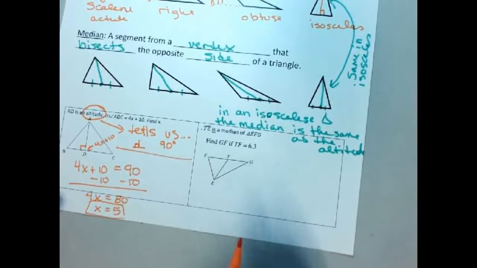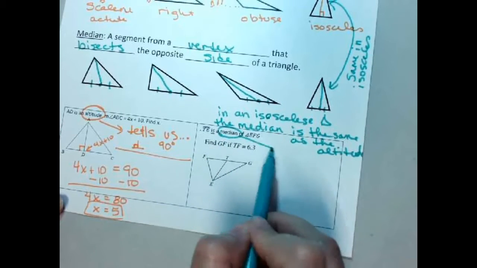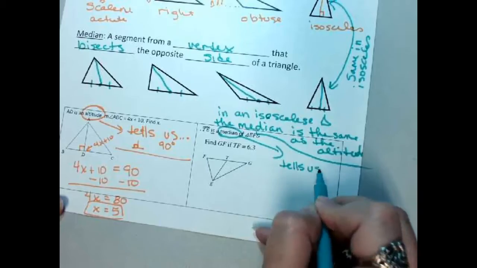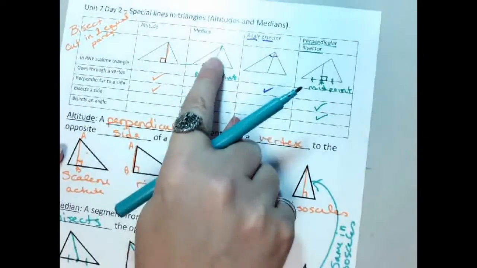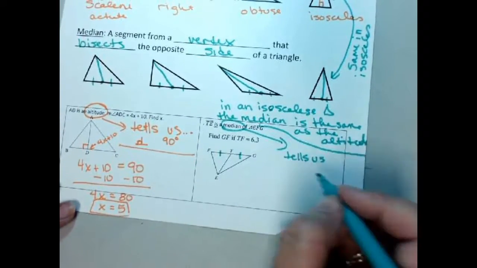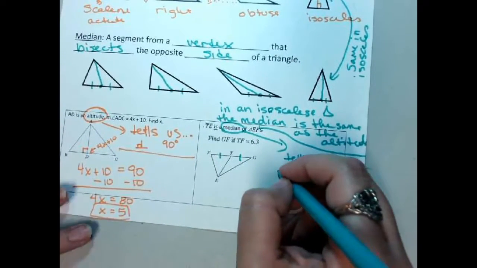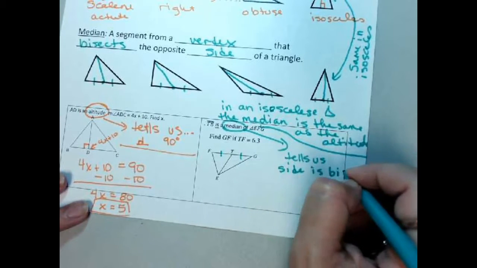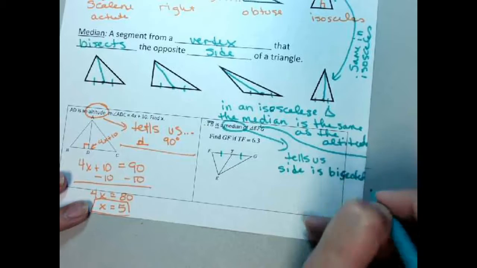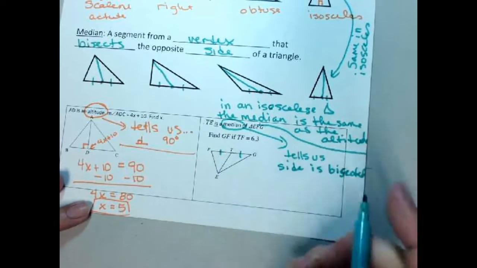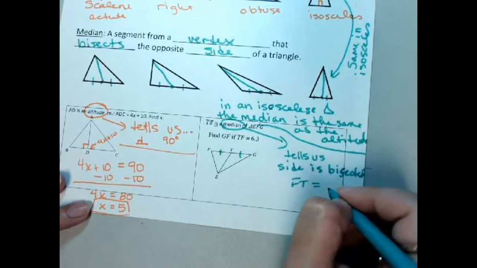This next one, it tells me it's a median. What does that tell us? It tells us, if it's a median, it tells us that it bisects the side. That means this is equal to this. It tells us the side is bisected, which means that FT equals TG.